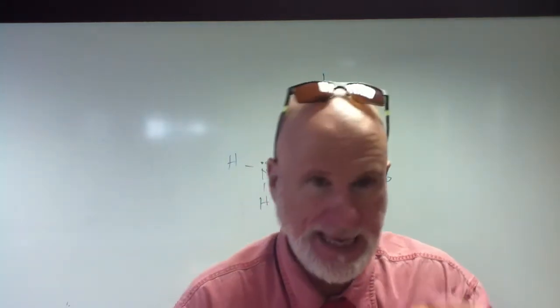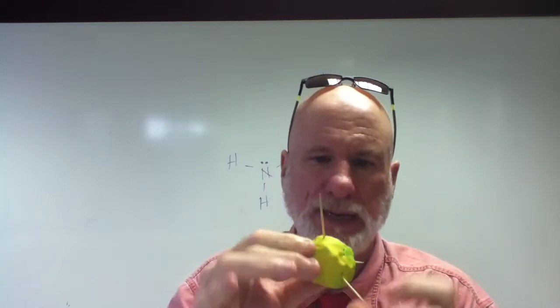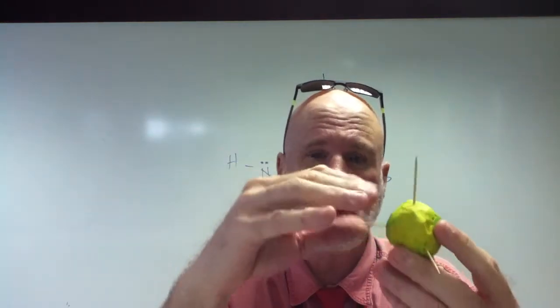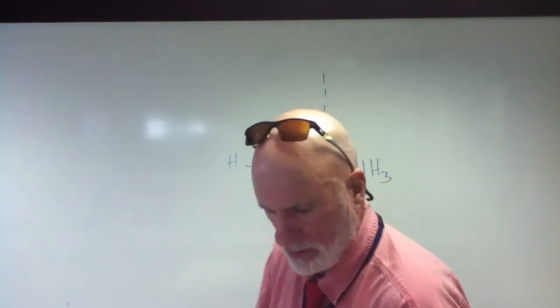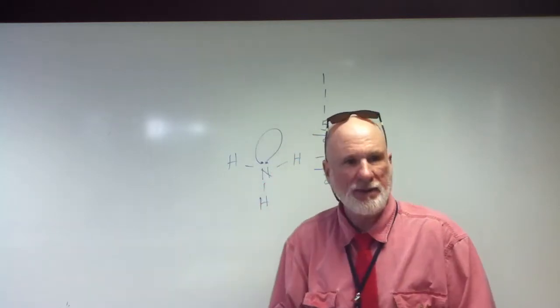But because I put this excess pair here, that's forcing these out of the plane. Not tremendously, just enough to annoy everybody. Okay? I'm kind of forcing them out. Not bad, right? Not as much as if it were a tetrahedron, but not too much, right? So then what I'm creating here is this excess pair there.